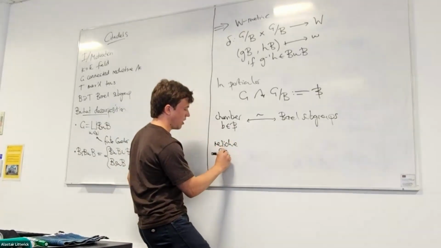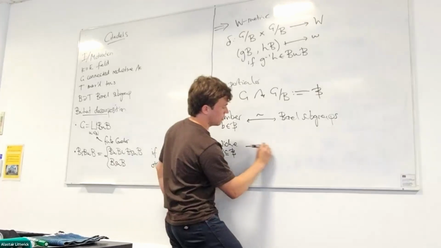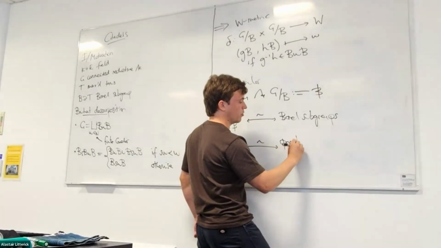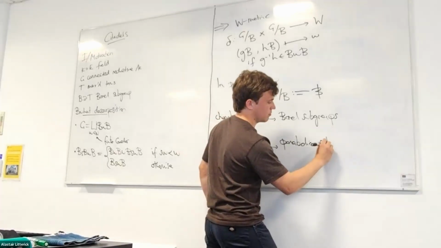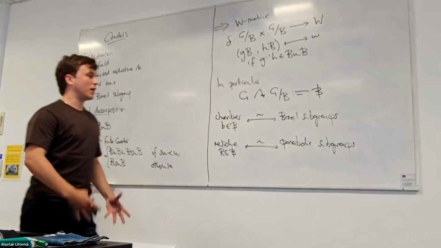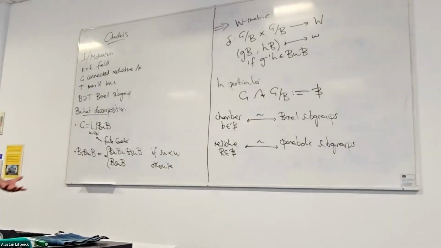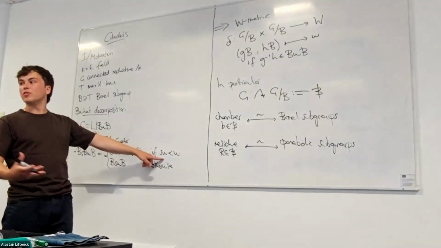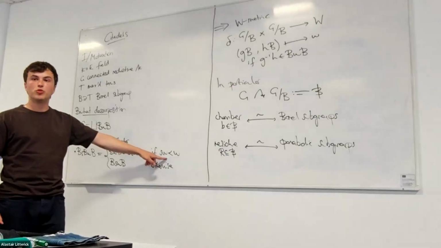So residues R in your building will correspond to the so-called parabolic subgroups. So this geometric space somehow encodes all the parabolic subgroups and Borel subgroups, and the way in which the metric behaves on this space is governed by the Bruhat order.